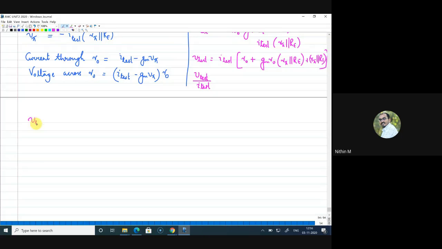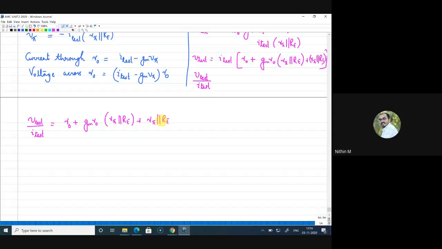So this is V test by I test, which is equal to R naught, and there are three terms over there. So it is R naught plus GM R naught into R pi parallel RE plus R pi parallel RE.